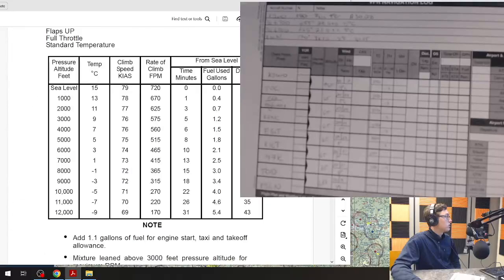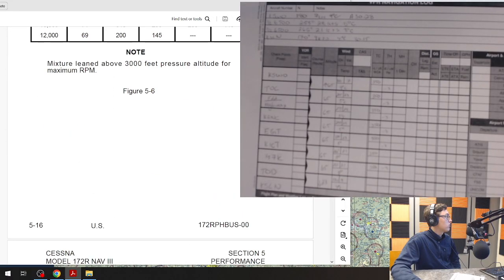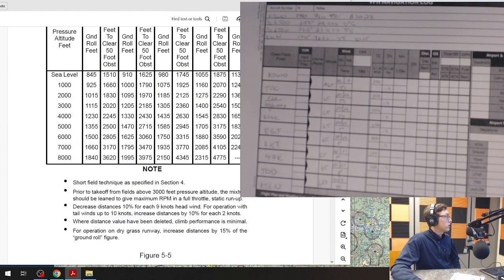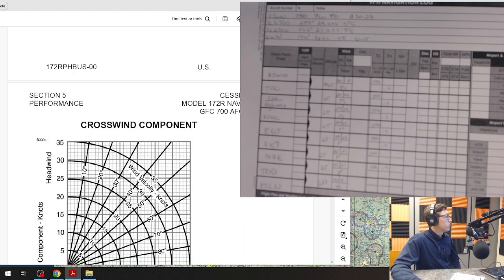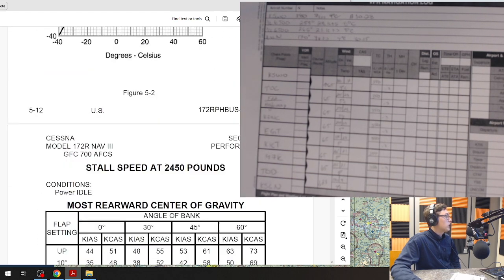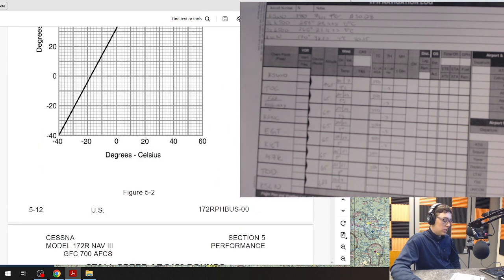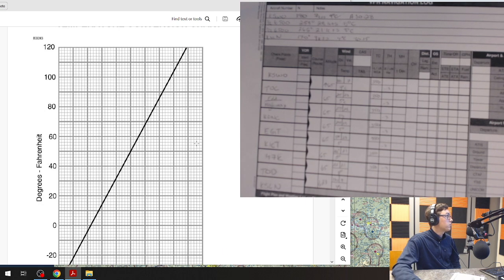All right. Let's go to our calibration. What we're doing now is trying to find the true airspeed at which we're going to be climbing.